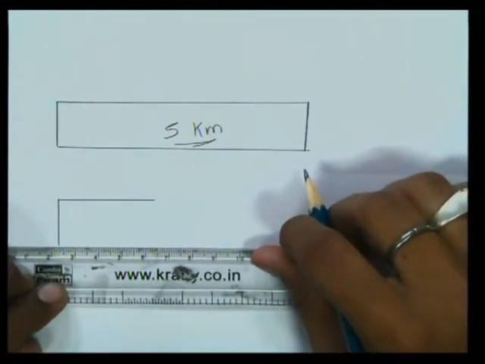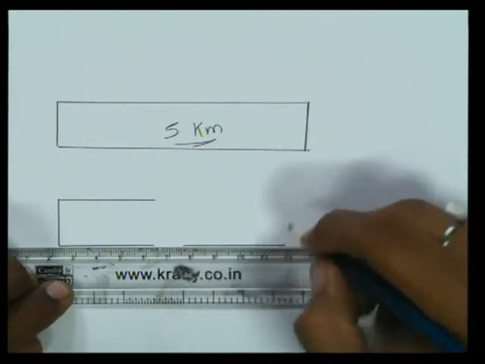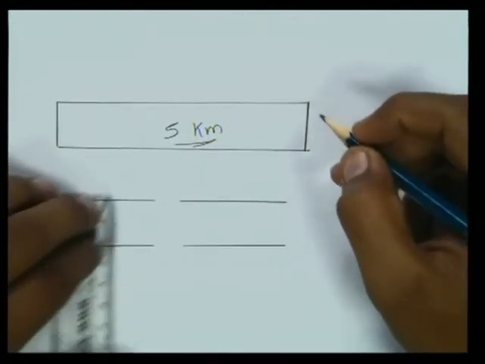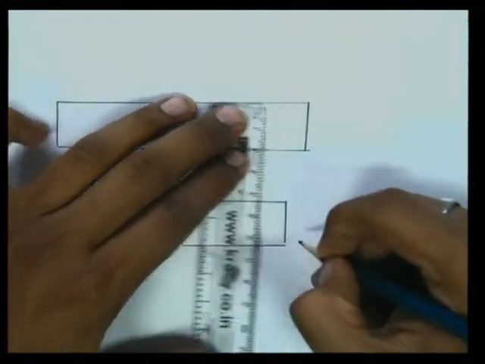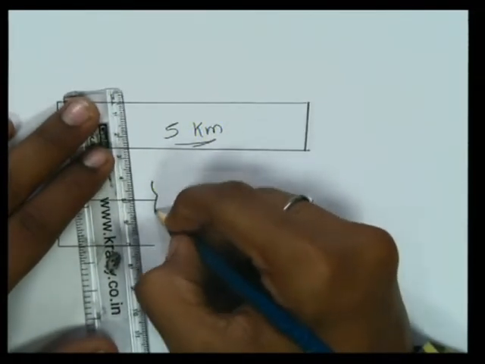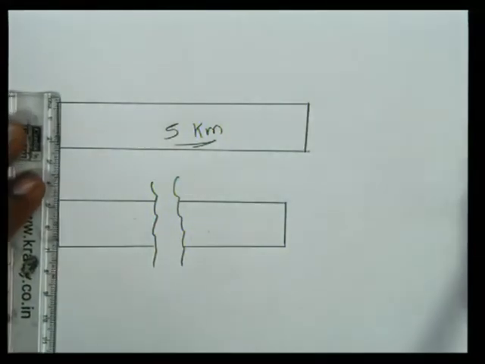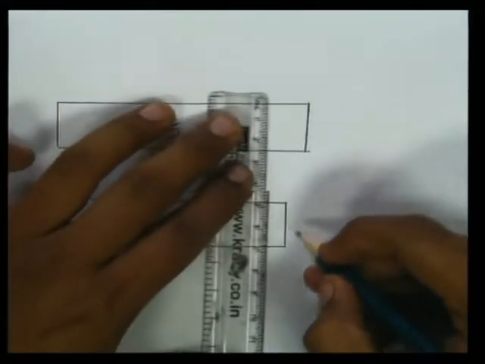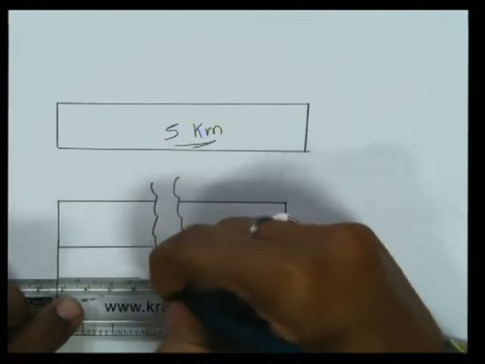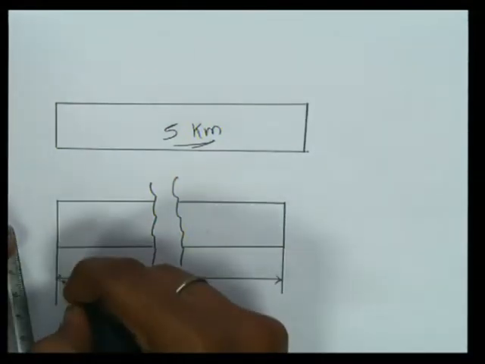The same length section would be the same, but the only thing that changes is I will just break this line from the middle and I will give the dimension that this is a 5 kilometer long shaft.